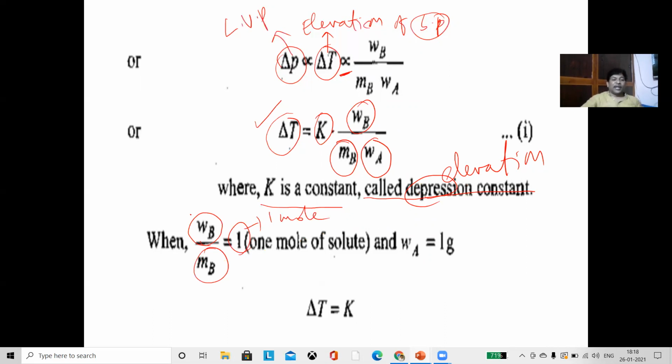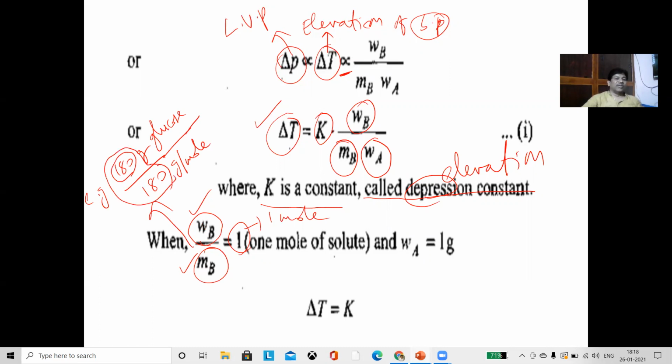Take an example: 180 grams of glucose by 180 gram per mole. Glucose gram molecular weight is 180, so given weight of glucose is 180 grams. Given weight by gram molecular weight gives 1 mole of glucose.